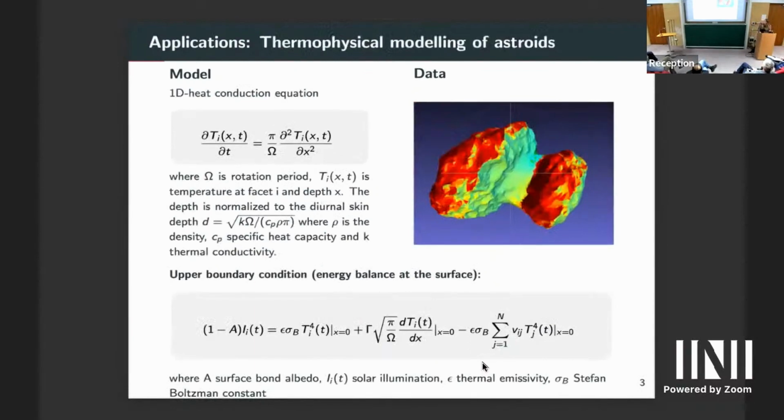The other problem I wanted to quickly mention, which we also treated in a non-stationary fashion, is looking at asteroids. We essentially want to predict the surface temperature, which is again affected by the sun.